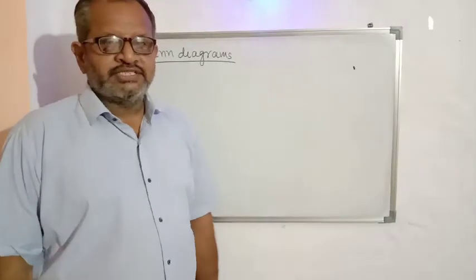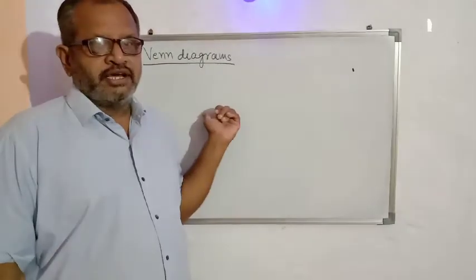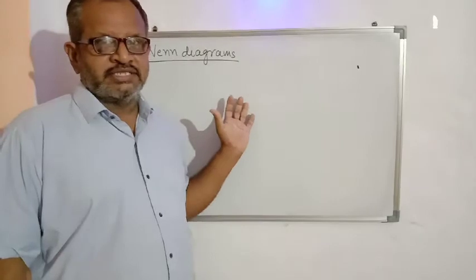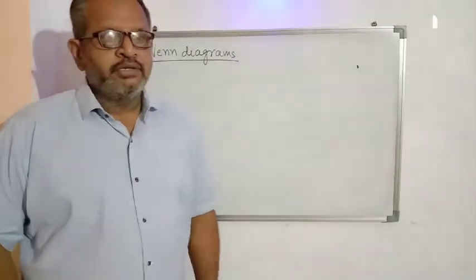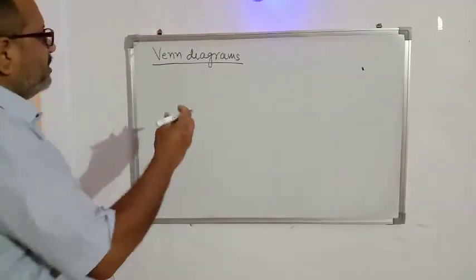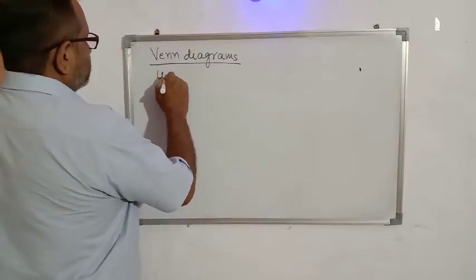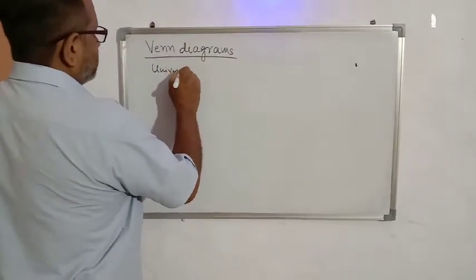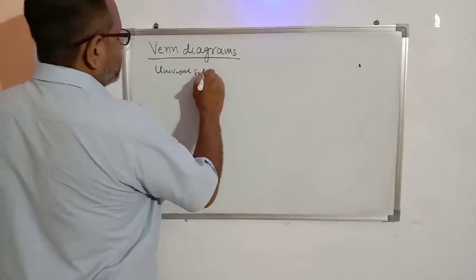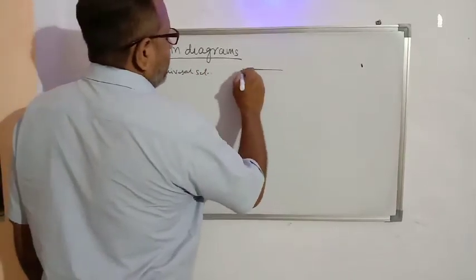Students, today we will study about Venn diagrams, how we will represent sets by Venn diagram. The universal set is represented by a rectangle.